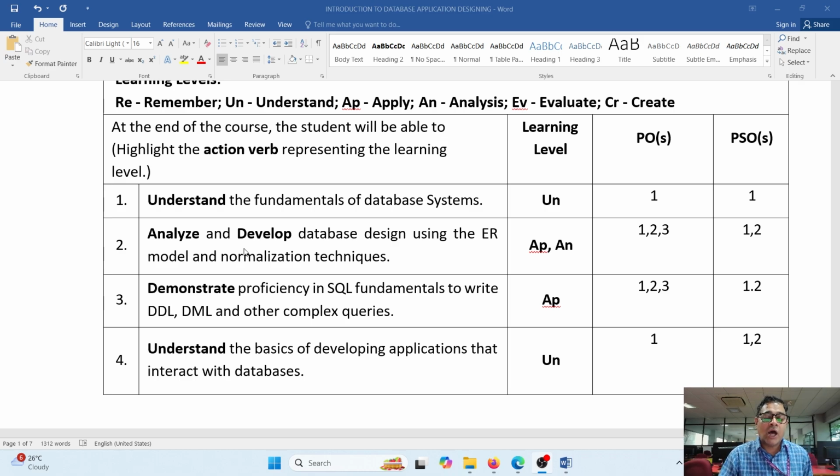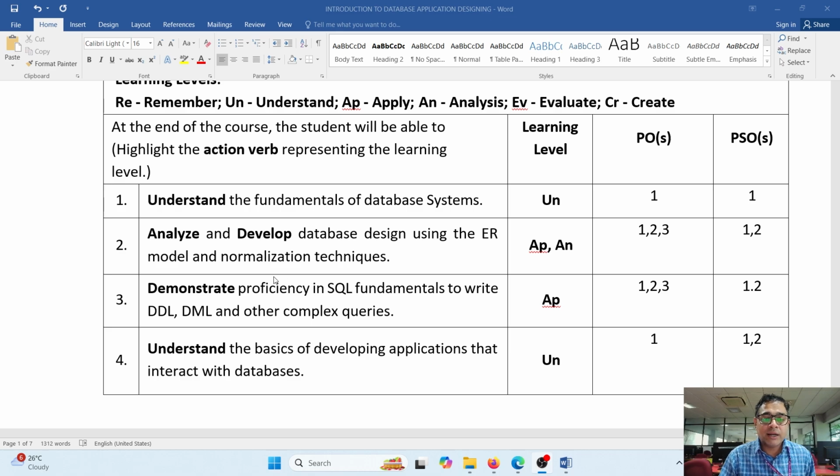That is how you are going to analyze the relationships between the data with a practical, real time essence. Then once you analyze and design with an ER model, you will end up with a concrete design of the database.